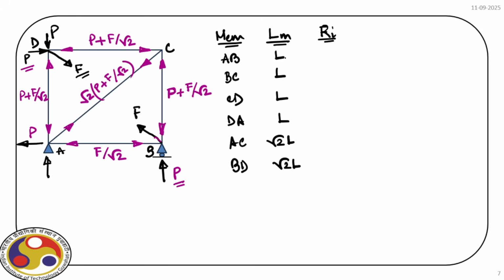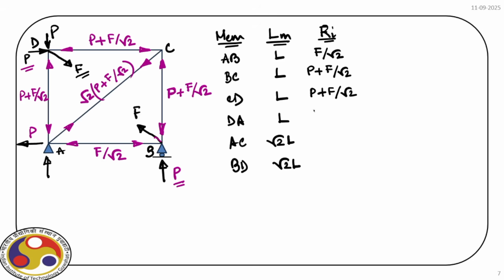So the member force in AB we have F by root 2. In BC we have member force P plus F by root 2. Then in CD we have again P plus F by root 2.